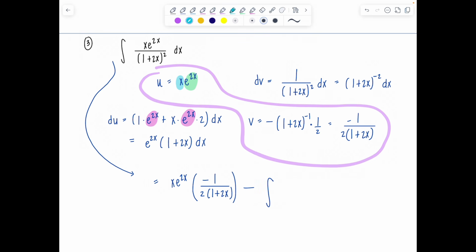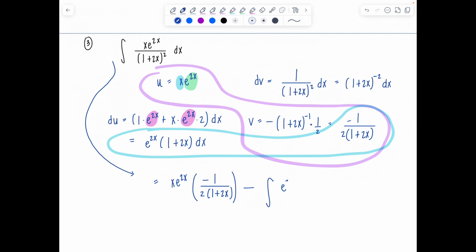So it's going to be this product, this guy times this guy. So let's see, we've got here e to the 2x times (1 plus 2x) dx. And then this negative 1/2, how about I put it out here and make it positive 1/2. And then we've got 1 plus 2x in the bottom.